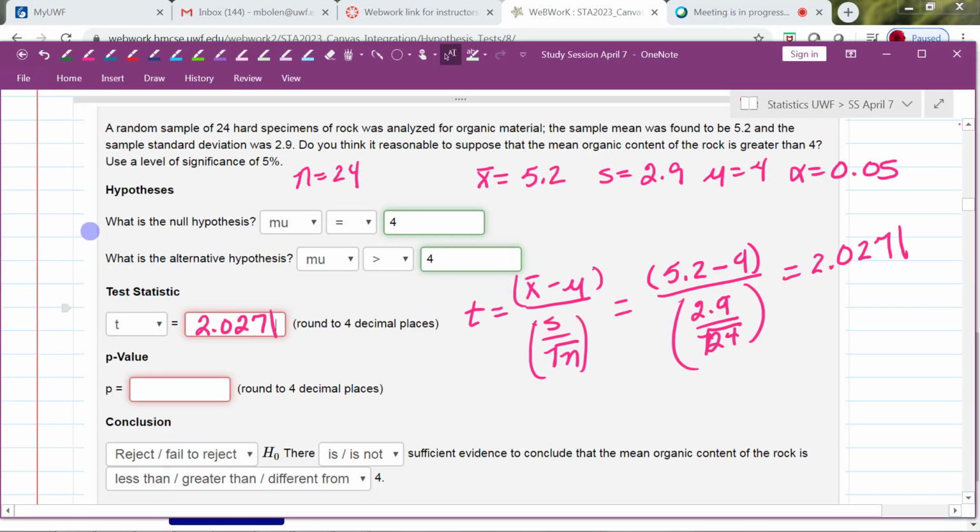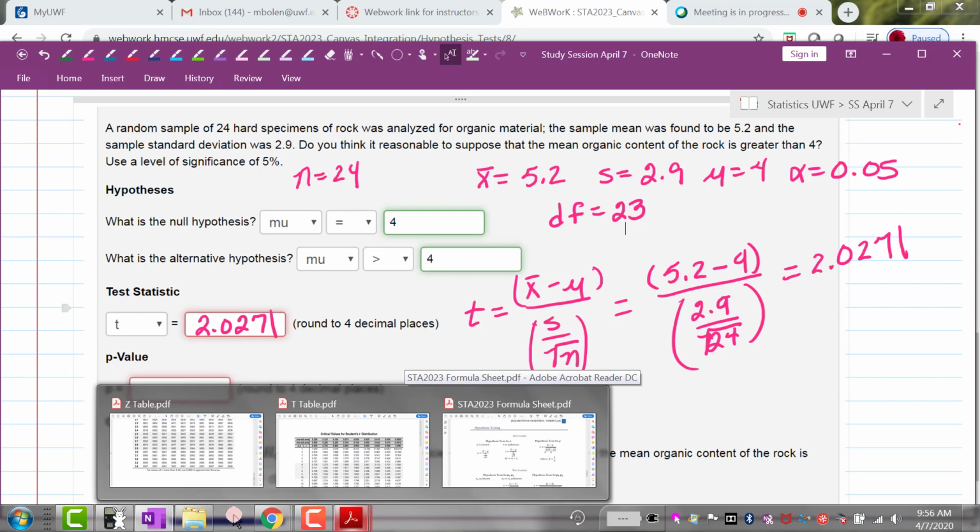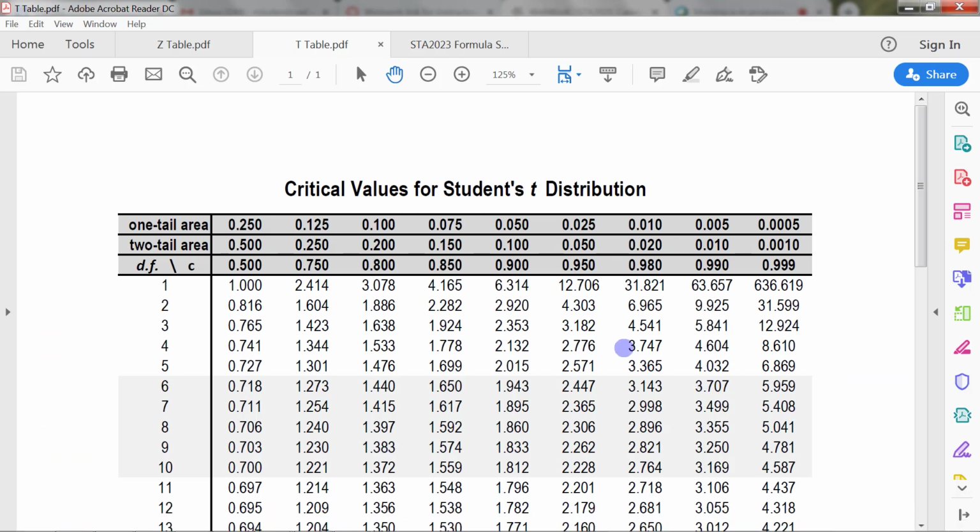So our degrees of freedom would be n minus 1, so df is equal to 23. Okay, so we're at 23 degrees of freedom, and our test statistic is 2.0271. So we're going to open up the table, and we're a one-tailed test with 23 degrees of freedom. That's the important thing. So we're looking at the top bar here.